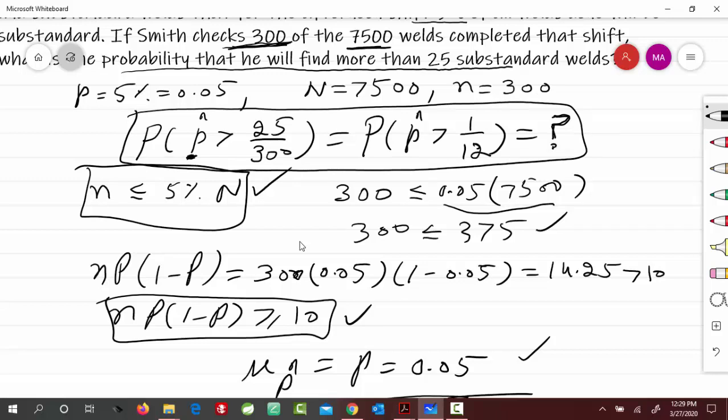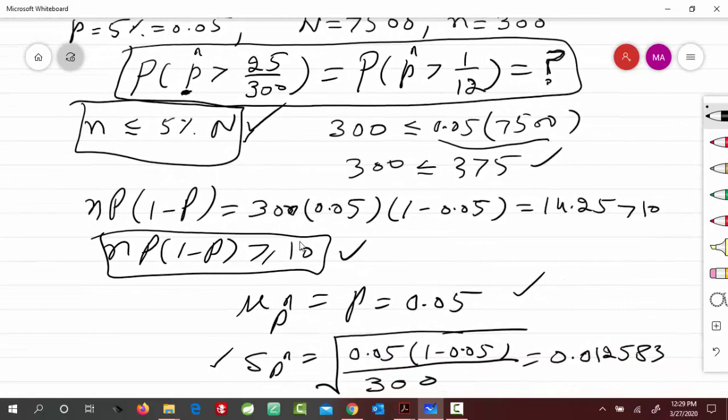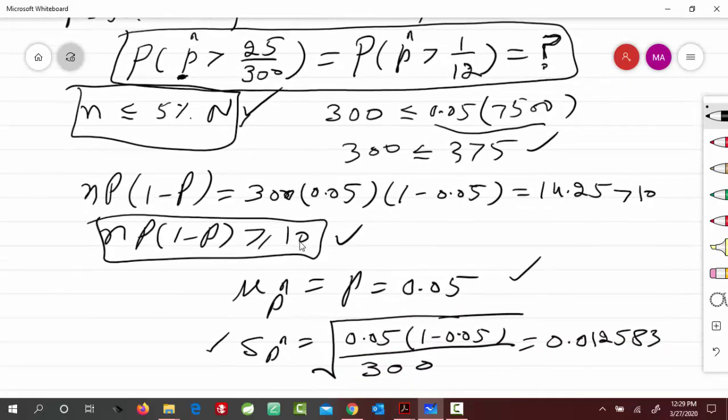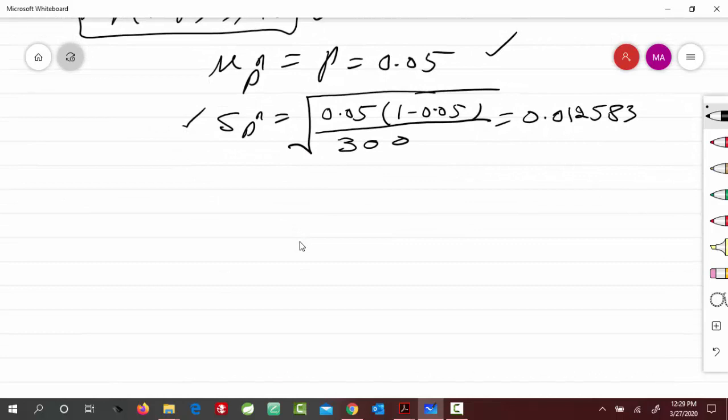And these conditions are satisfied, so we can apply the normal distribution to answer this question for p hat. So we make this normal curve for p hat.